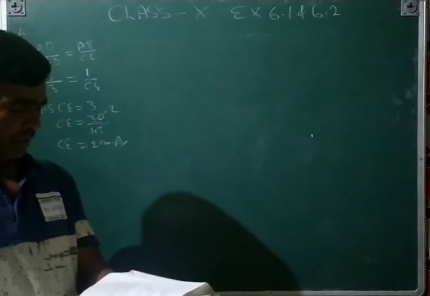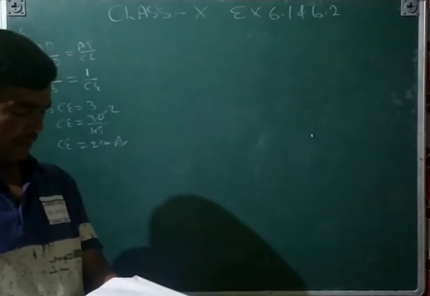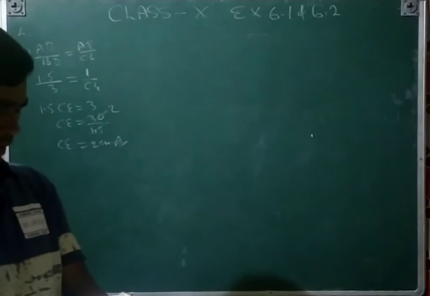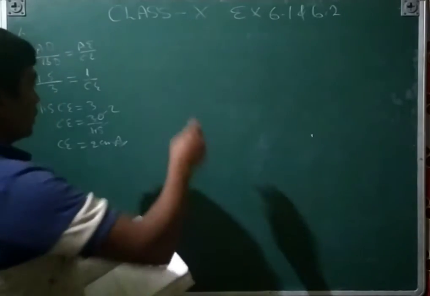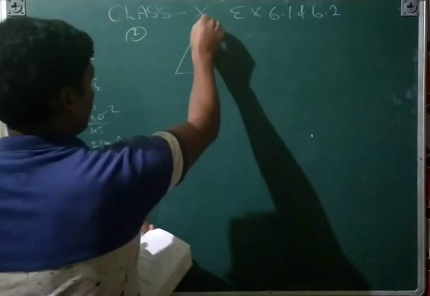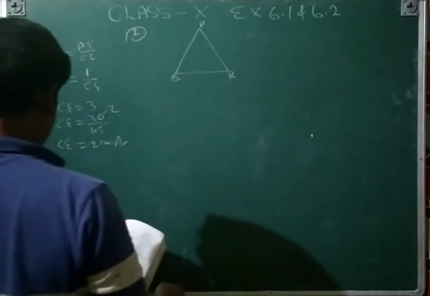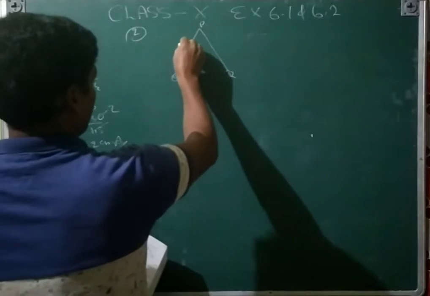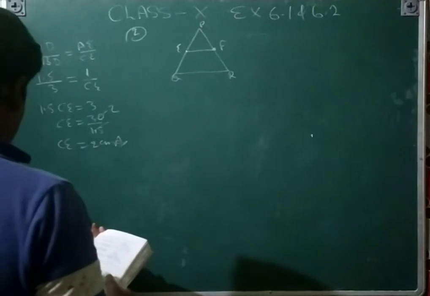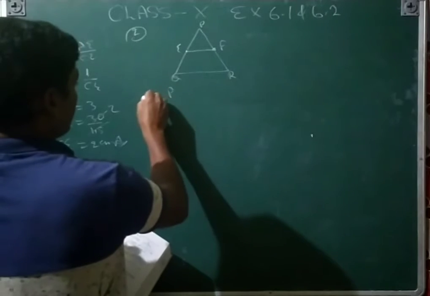Second question: E and F are points on the sides PQ and PR respectively of triangle PQR. For each of the following cases, state whether EF is parallel to QR. For the second question you can draw that triangle PQR, and EF with points on PQ and PR. Now it is given PE upon EQ, first part.